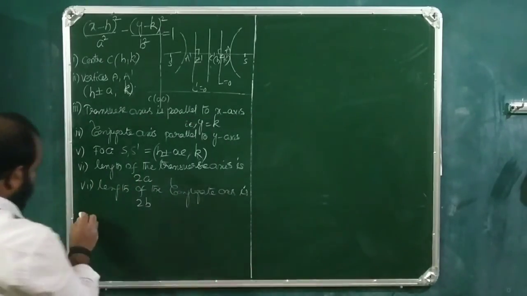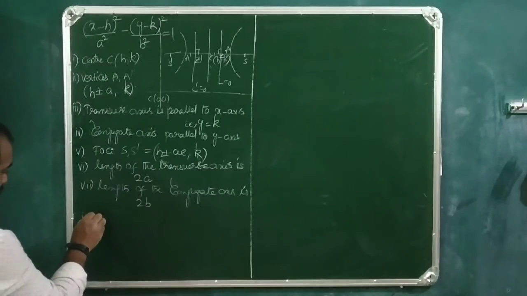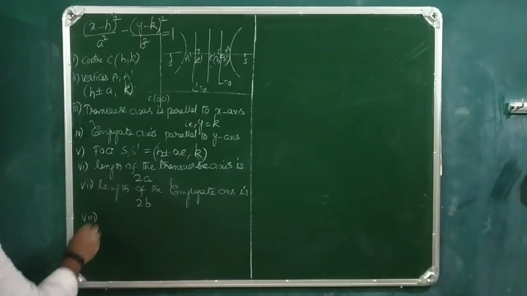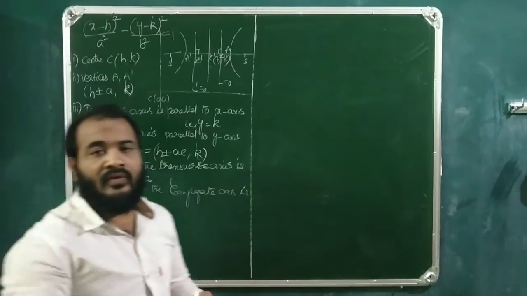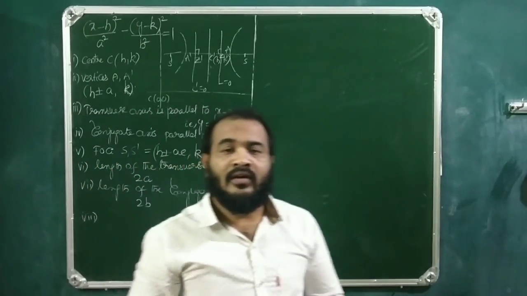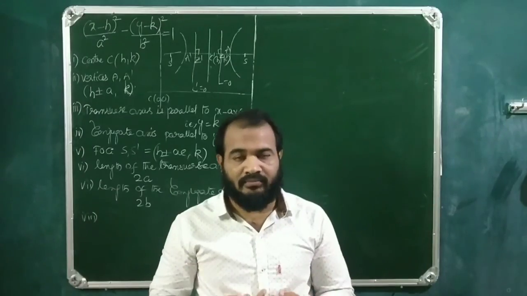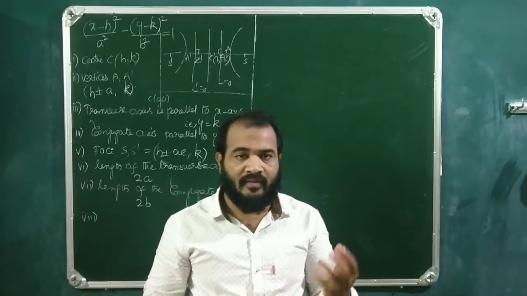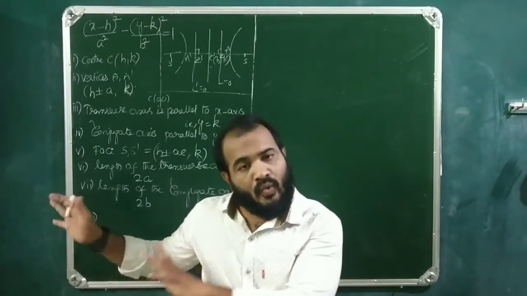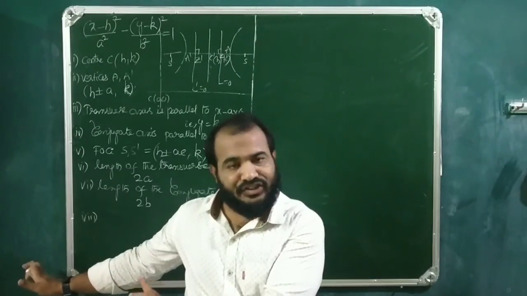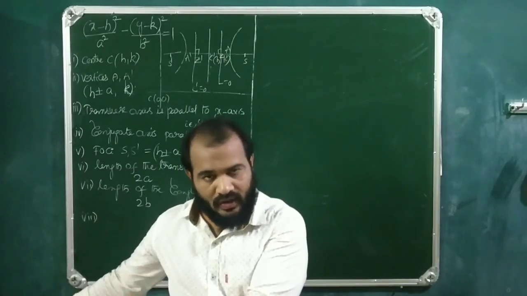And the length of the latus rectum is 2b square by A, as we have seen before. Now also it is going to be unchanged, 2b square by A only.